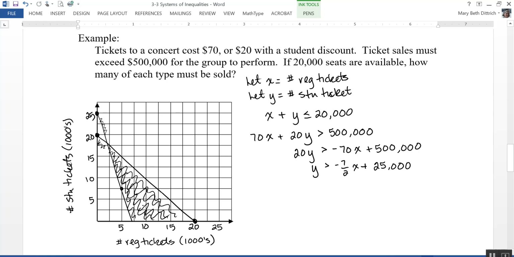For example, let me just pick a random point. How about this one right here? That refers to 10,000 regular tickets and 5,000 student tickets. So one possible answer: if you sell 10,000 regular tickets and 5,000 student tickets, the concert is a go because you have enough people to fill the seats.